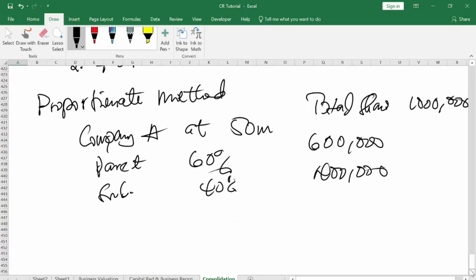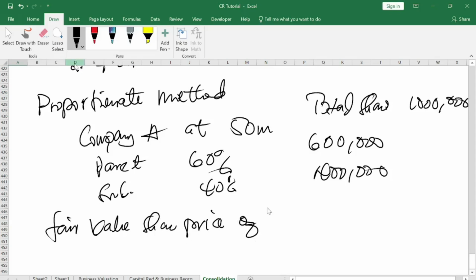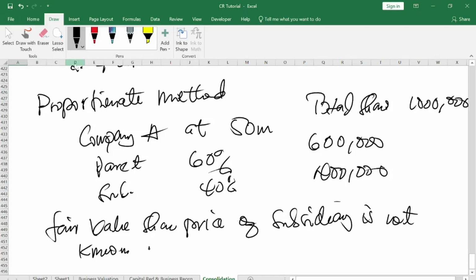After the acquisition, in the question they will state nothing with regards to the fair value share price of the subsidiary.